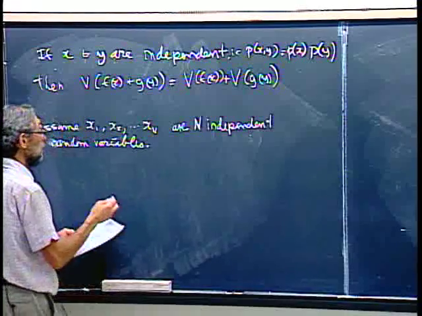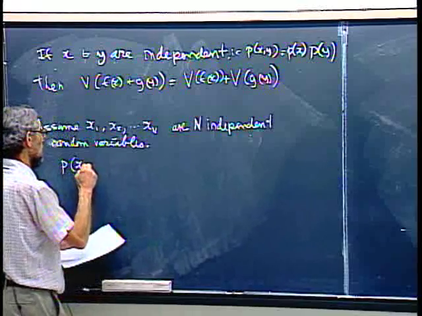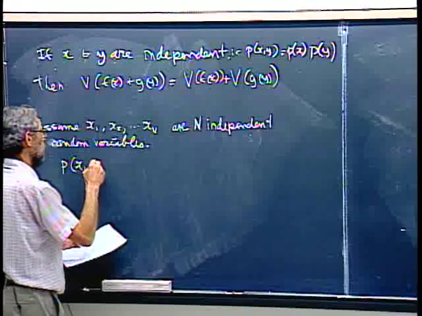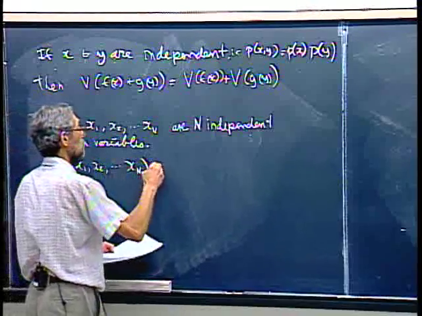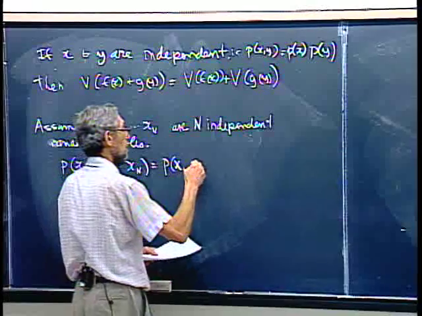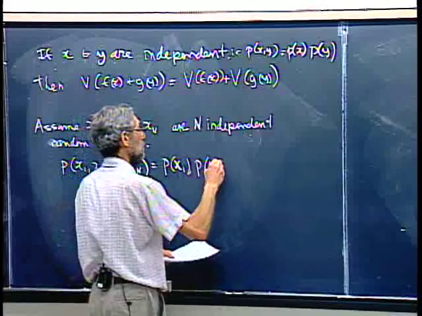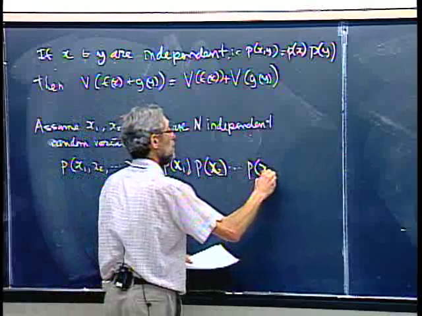So for continuous variables, if I have n of them, that means the probability of getting the first one to be x1, the second one to be x2, up to xn, is the product of the probabilities of x1 times the probability of x2, up to the probability of xn.